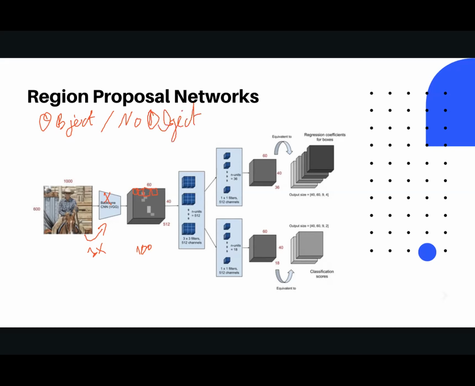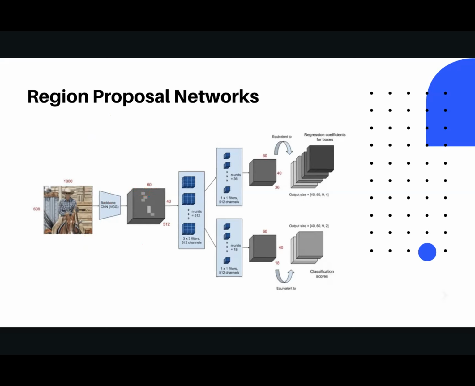Unlike with the classification part where you are classifying this is a dog, this is a cat, this is a horse, in this region proposal network, the only thing you're predicting is: is there an object or is there no object? So all the classes are the same for this part of the architecture so far.